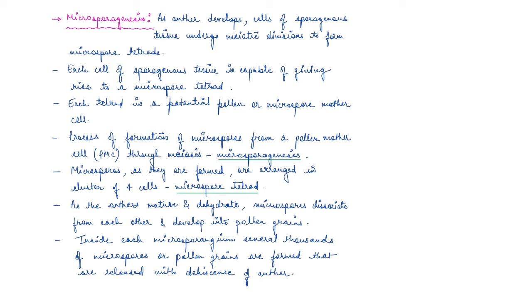So just wait for that, and we'll cover the entire microsporogenesis and then the pollen grain, its structure, and what it has exactly, and which basically forms the half of the zygote when the fertilization occurs. Okay, so we'll cover all that in the very next video.